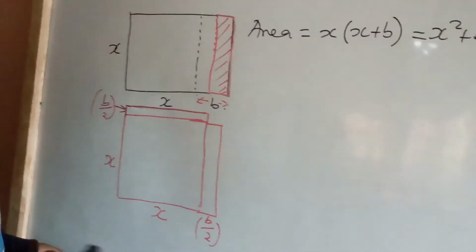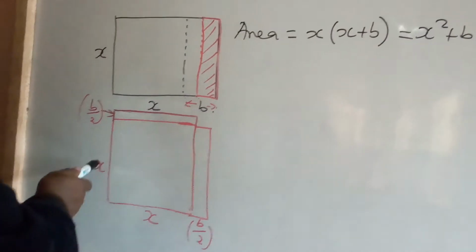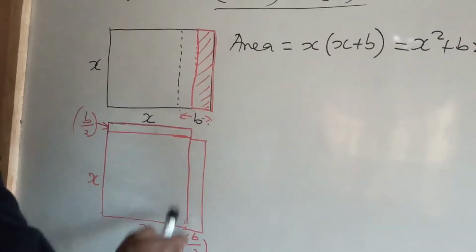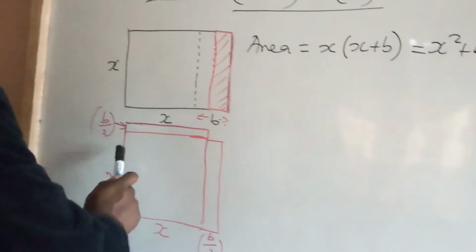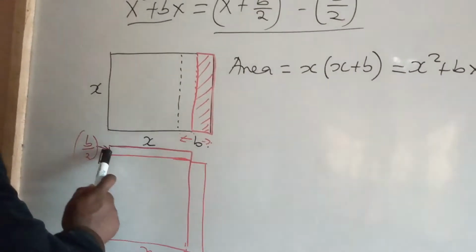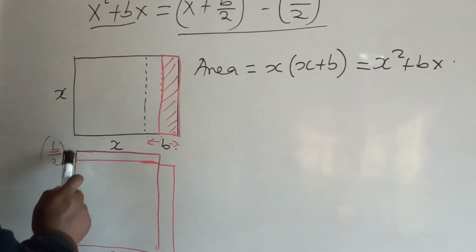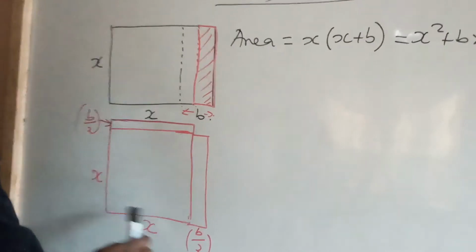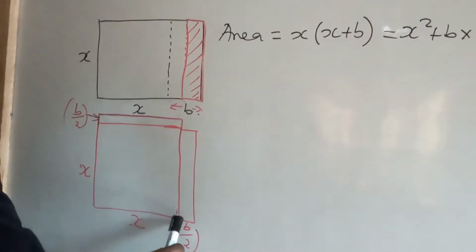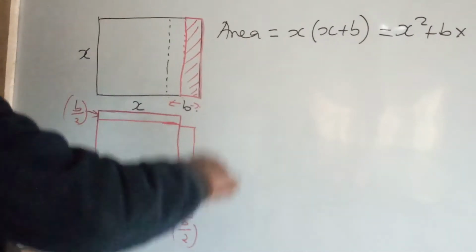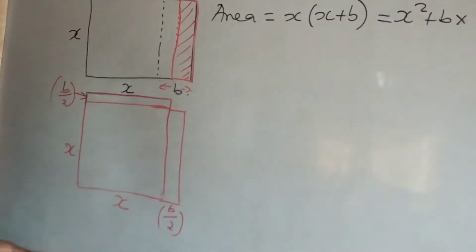Of course, we have a square which is measuring x by x. Beyond that, we have a rectangle whose length is x and height is b over 2, and on the other side we have a rectangle whose width is again b over 2, and the length is x.